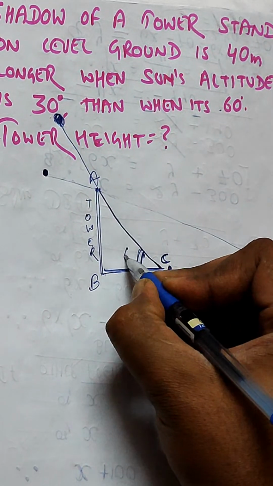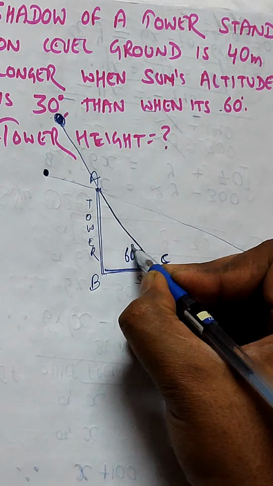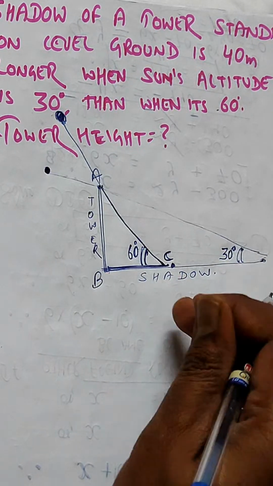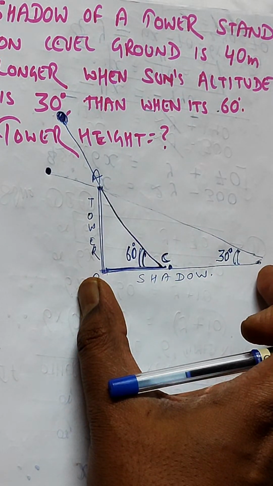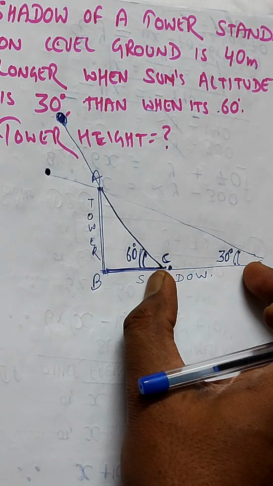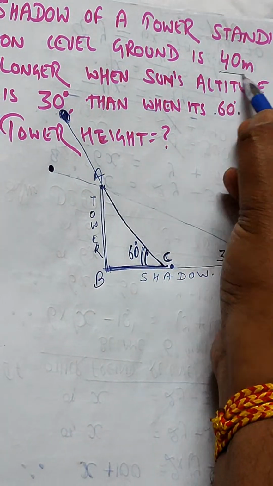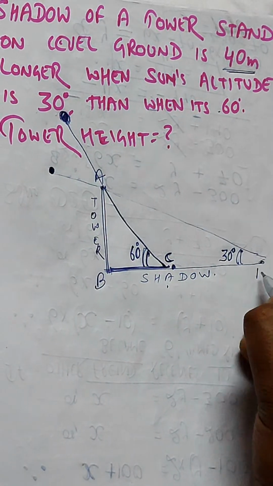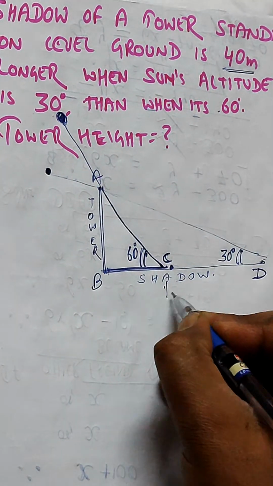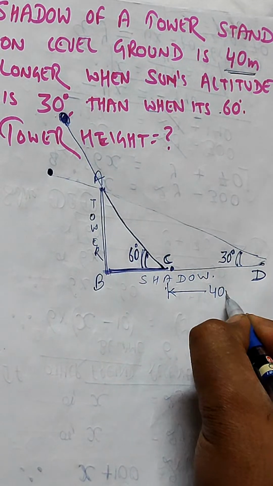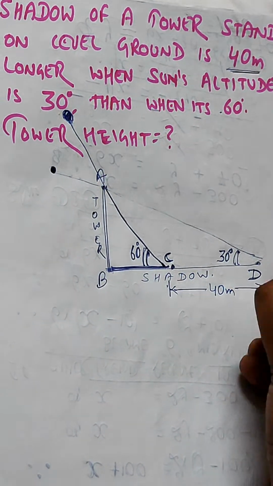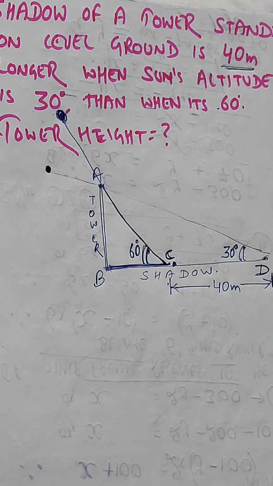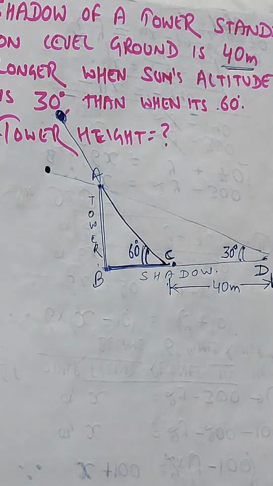So at a higher altitude, let's say 60 degrees, the shadow will be shorter, and the longer shadow is longer by 40 meters. So from C to D, this length is 40 meters. Now we need to find the tower height.